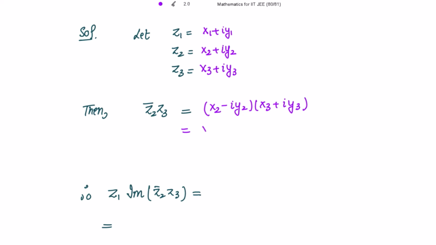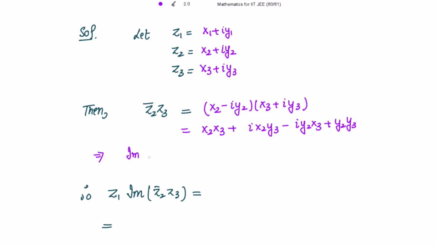Simplifying this, we get x2 into x3 plus iota x2 y3 minus iota y2 x3 plus y2 y3, because iota into iota is iota square, that is equal to -1, and that gives us the positive sign over here.